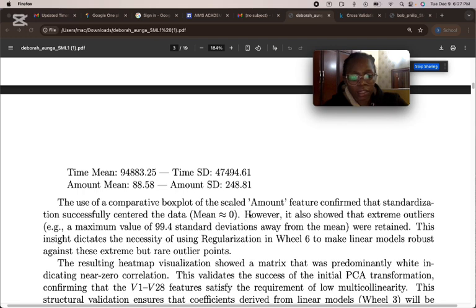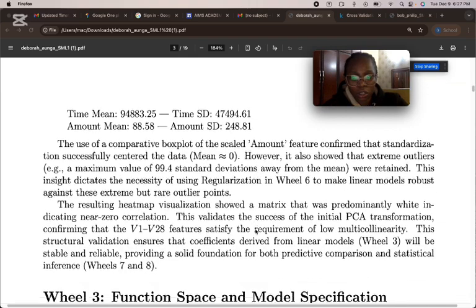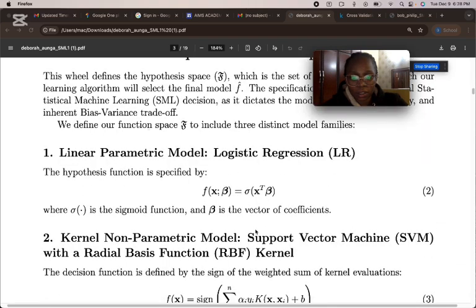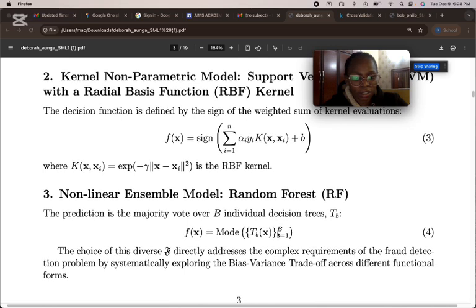For wheel 3, which is the function space, I selected 3 diverse models: the logistic regression, support vector machine, and random forest to compete for the best solution.